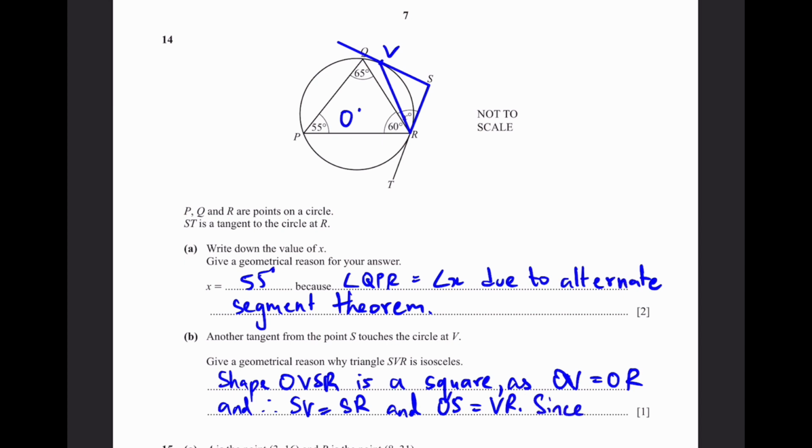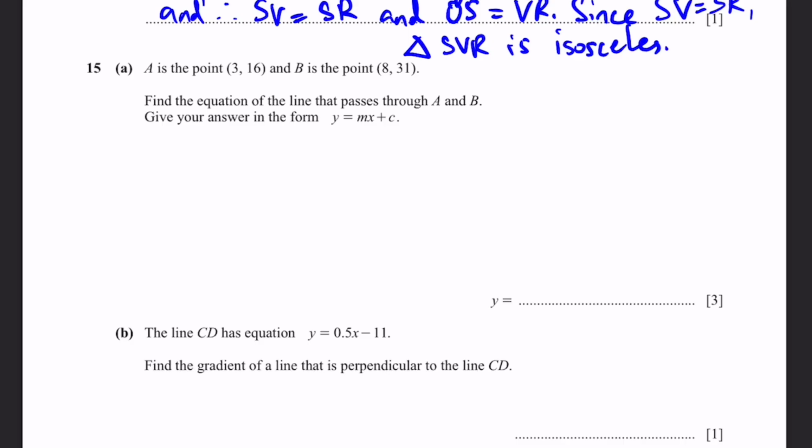Since SV equals SR, triangle SVR is isosceles. That's the answer.